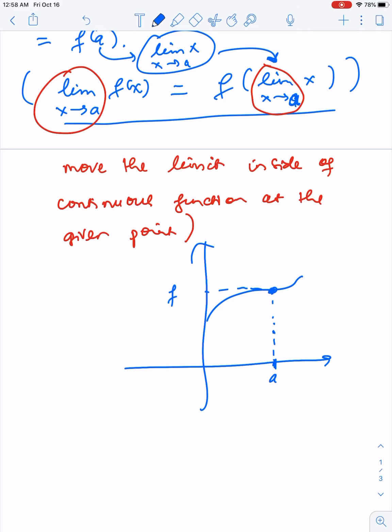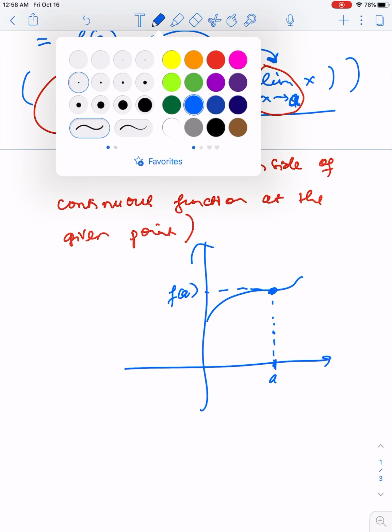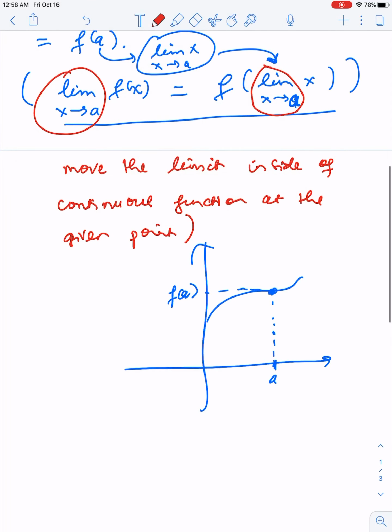So this is f(a), and it's equal to the limit of the function as x approaches the point A. Then the function also approaches the value f(a) here. So the function doesn't have a jump at that point, basically. That's what you can think of as the continuity of the function at the point x equal to A.